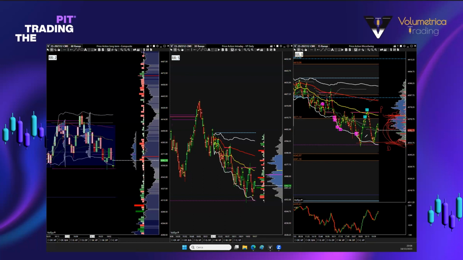Last time we talked about delta, and why delta gives us important information about how strong or how weak price gets into important levels. Today we are going to go even deeper into that, talking about what order flow events are and how we can recognize them from different perspectives using different order flow tools.